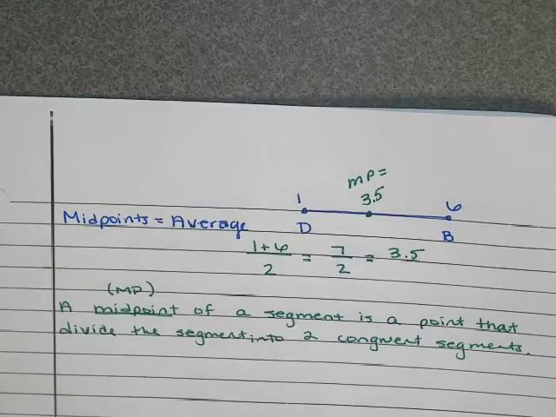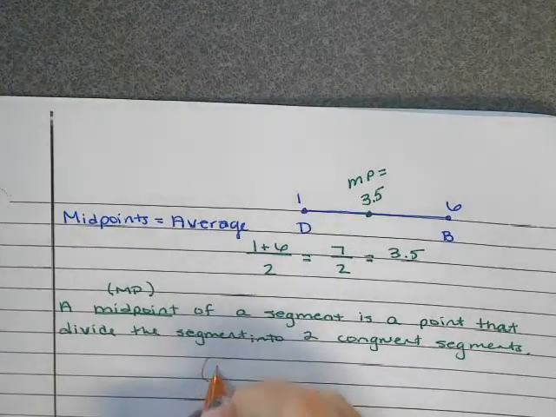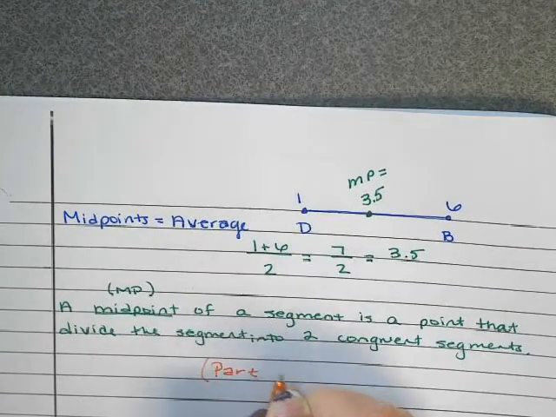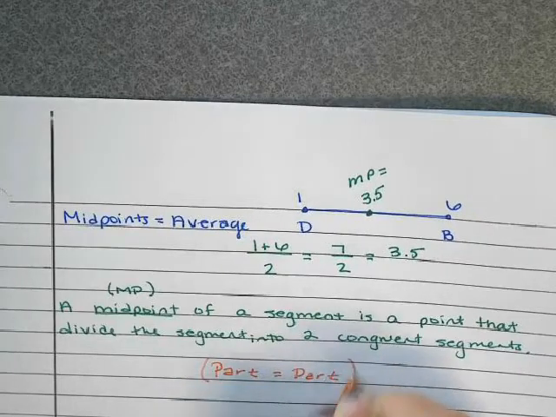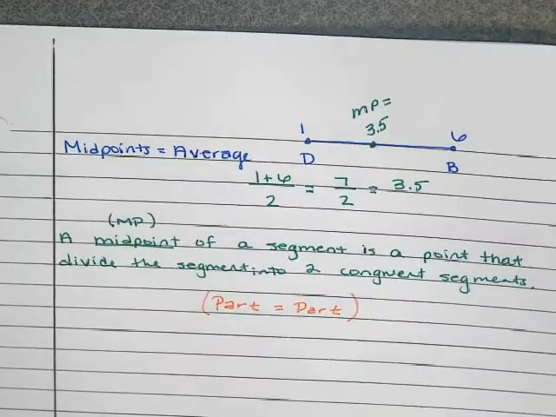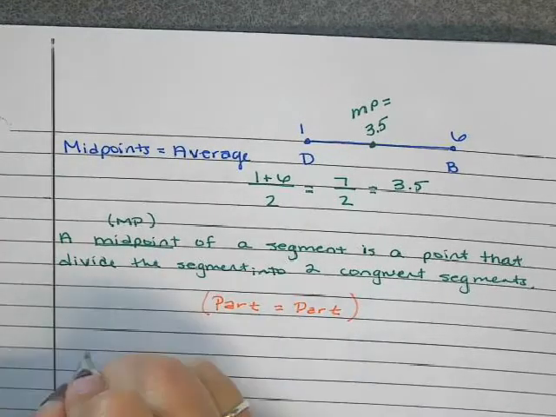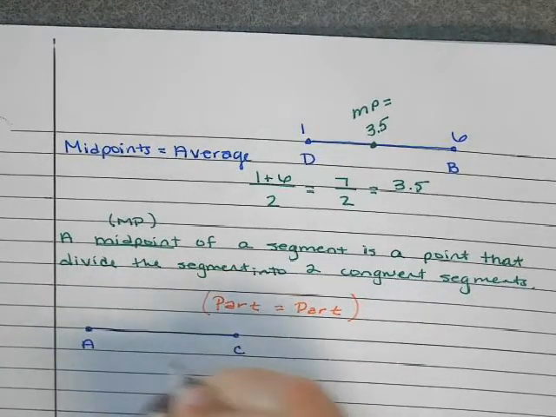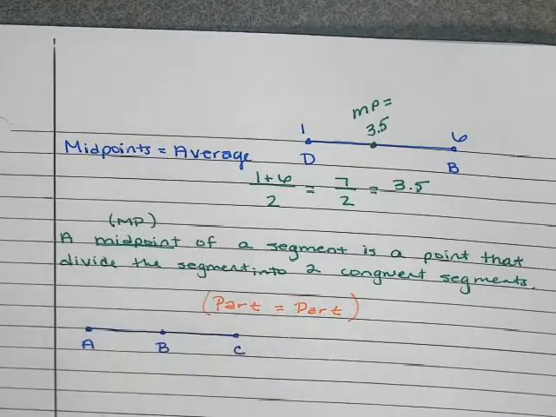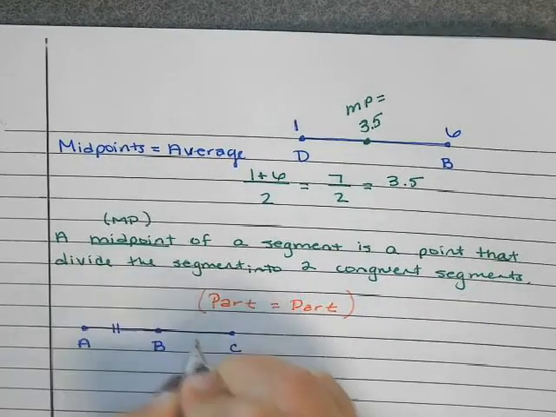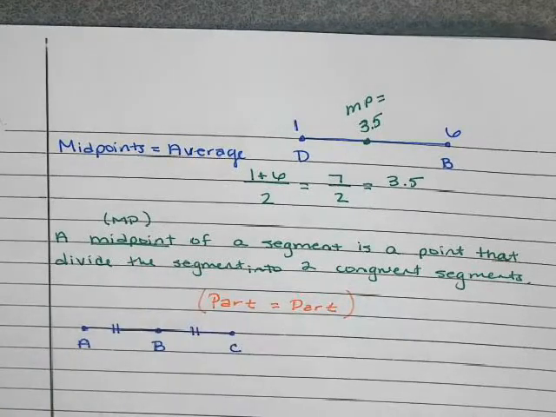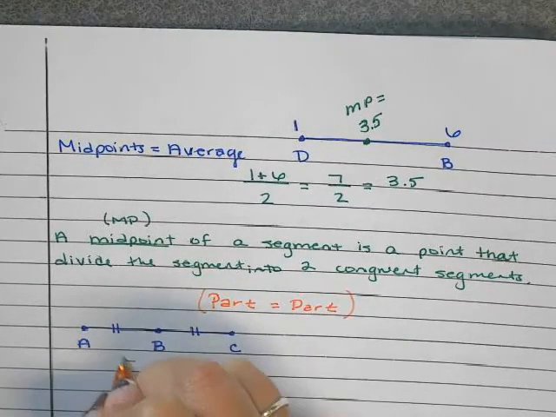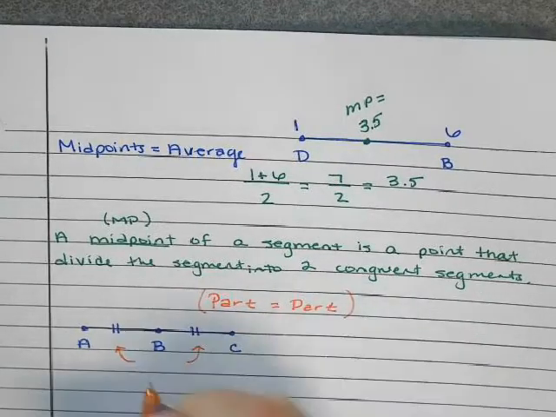So the big thing to remember here is that when you are dealing with midpoints, you have that a part equals the other part. Part equals part. Okay? We also have a way to mark this on diagrams. If B is the midpoint, then we'll put these symbols. These are congruent marks. Okay?